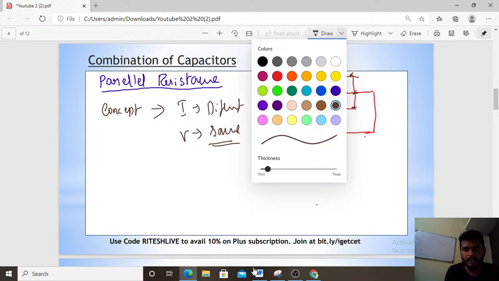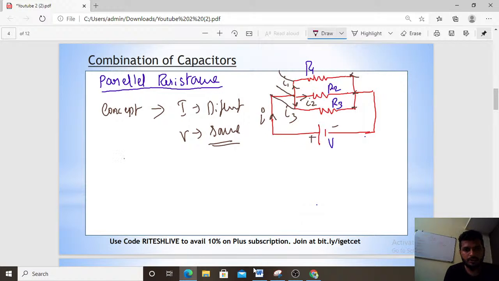So what I do, I am going to derive it now. Like we have from Ohm's law, V is equal to I into R. Okay, so I is different, so I net will be I1 plus I2 plus I3, right?